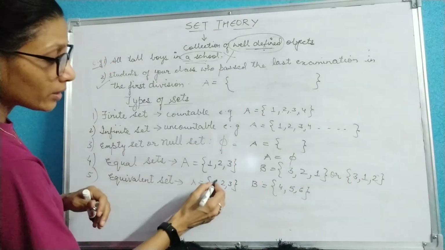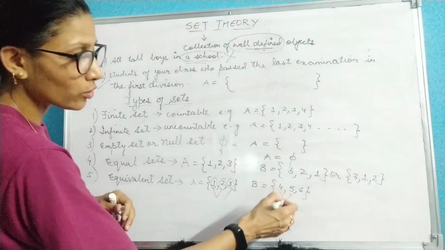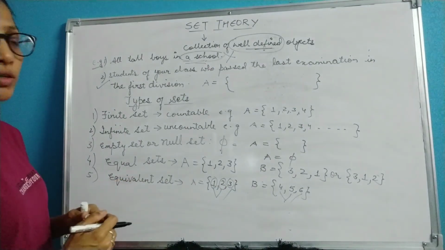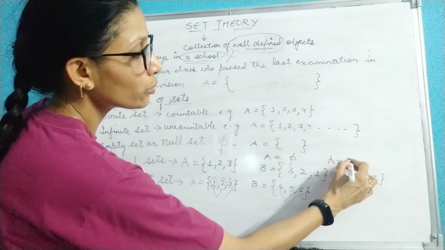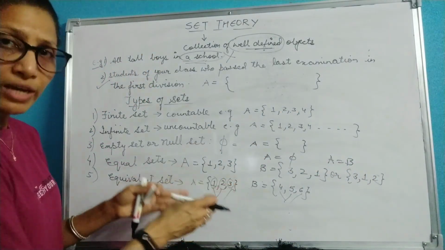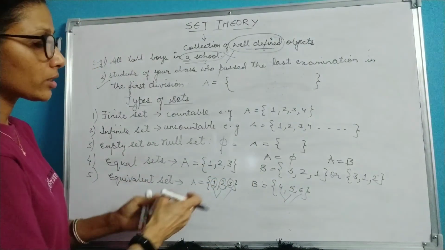That means here 3 elements are present, and here also 3 elements are there. That's why we can call them equivalent sets. If these were equal sets, we could write A equal to B. Here these are equivalent sets. That means the number of elements are the same in both the sets.